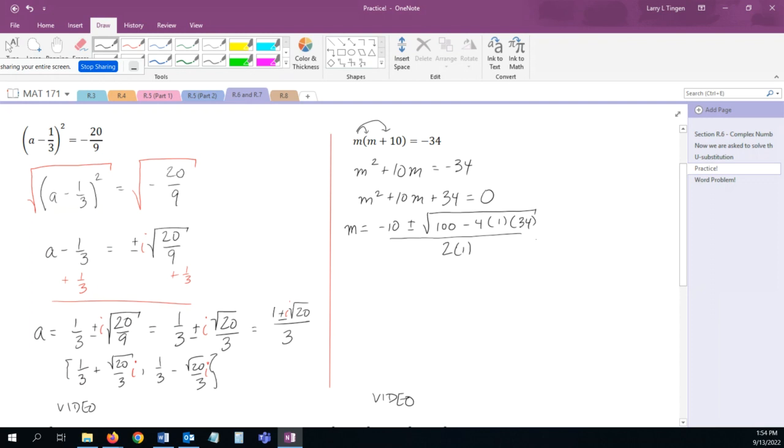All right. So what exactly is that? 100 minus 4 times 34, negative 36. So that's negative 10 plus or minus the square root of negative 36, over 2.